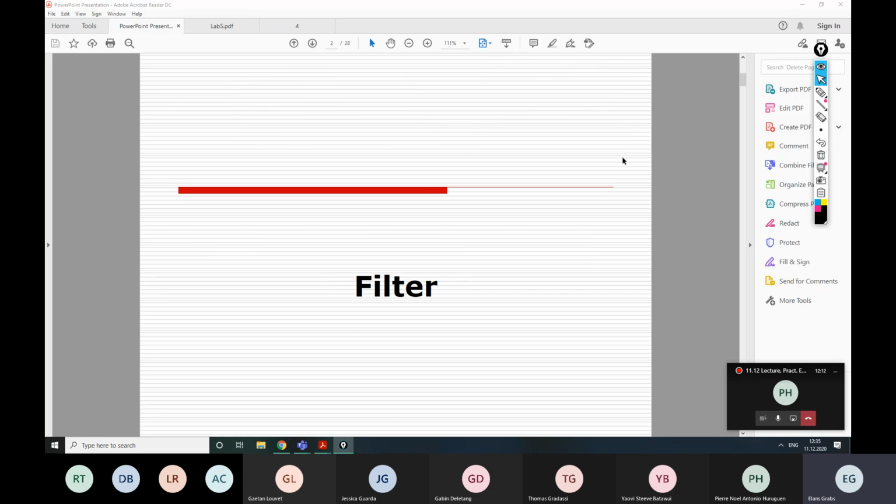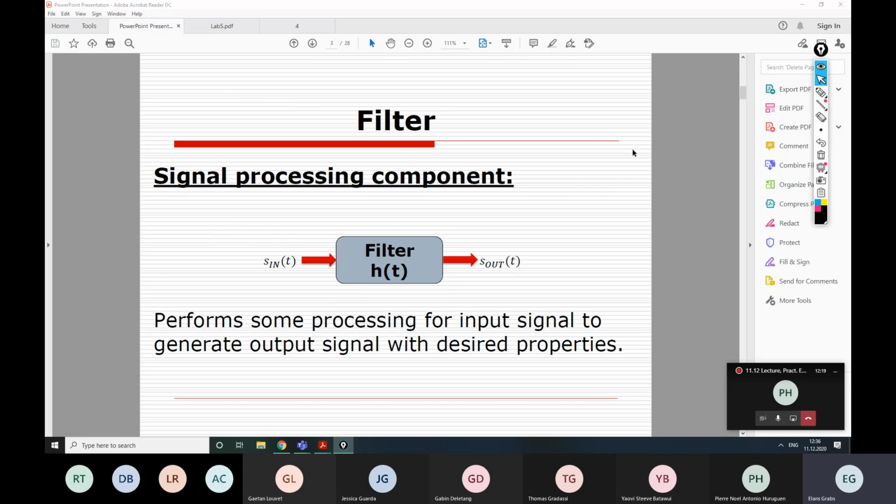So let us start by talking about filters. What are filters? What kinds of filters are there? And which one are we going to use for our task at hand?